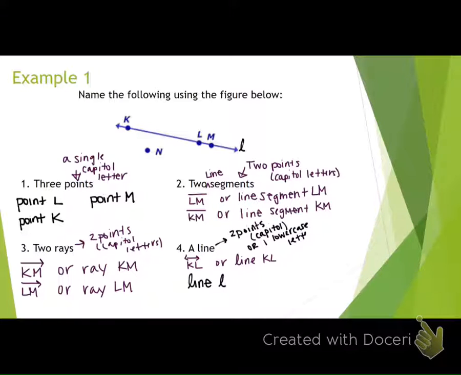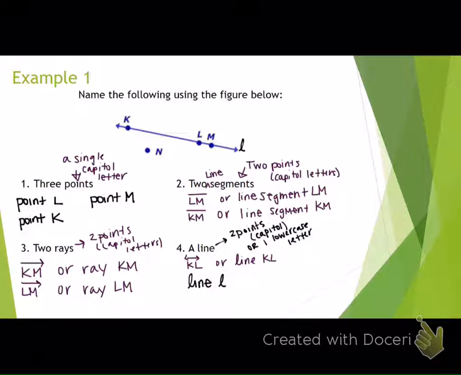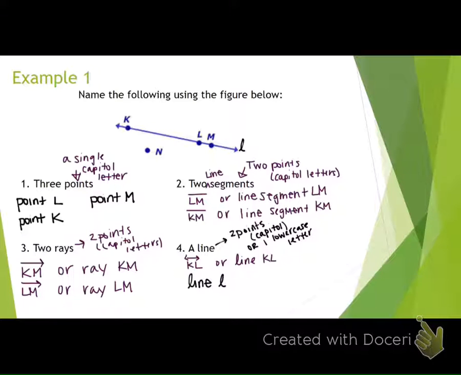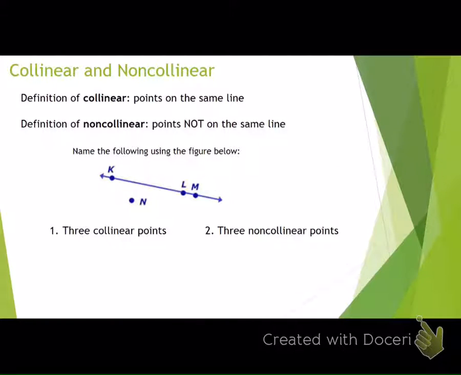All right. Questions so far before we get into some more definitions? Questions so far? All right. Then let's talk about collinear and non-collinear. Okay. What word do you see inside of collinear and non-collinear?